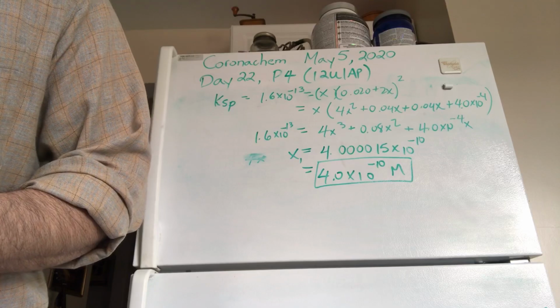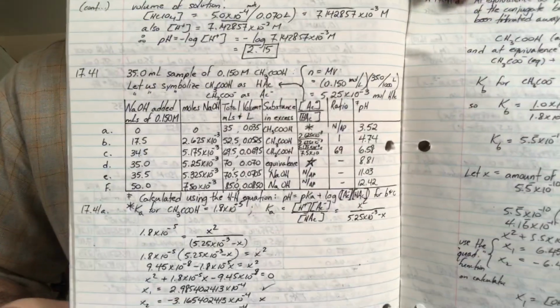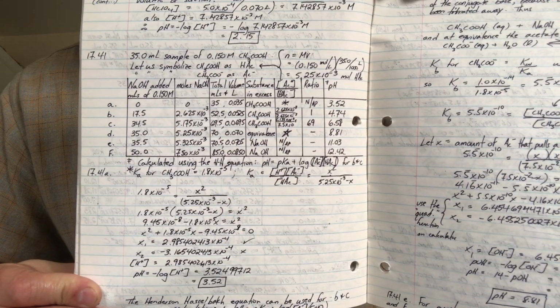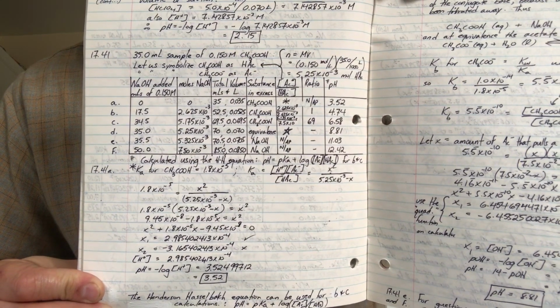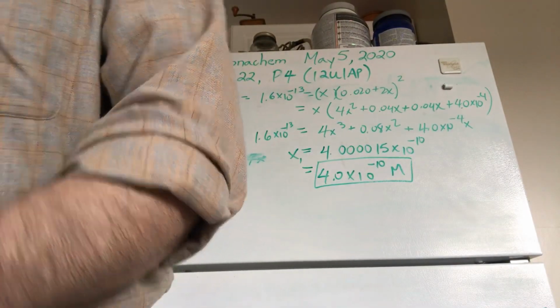I'll just show you what the pages look like, and you can always come back and look at the video. That's my answer key. So 1741. You can freeze it on the page that you need. Hopefully you can read that. And there's the other page.